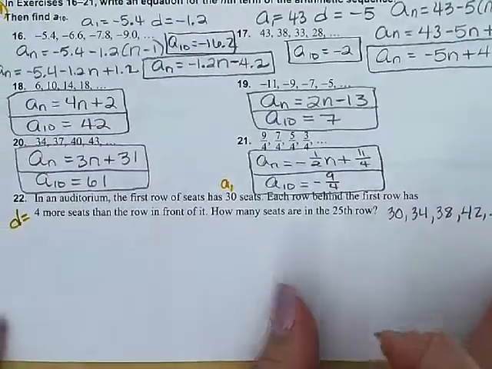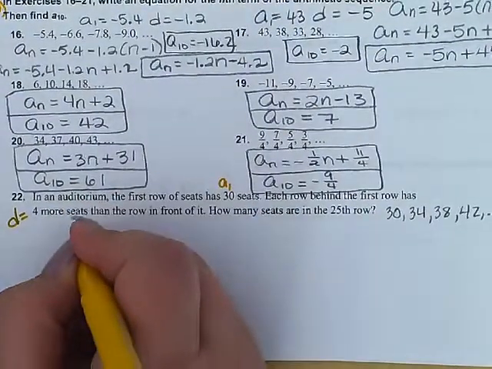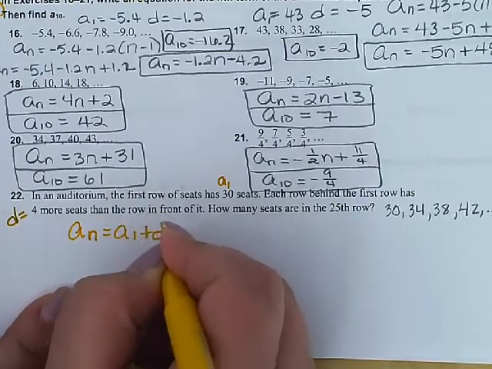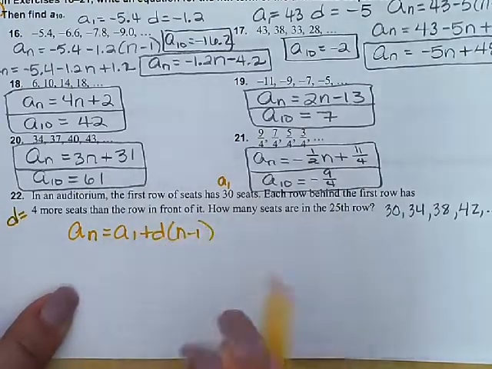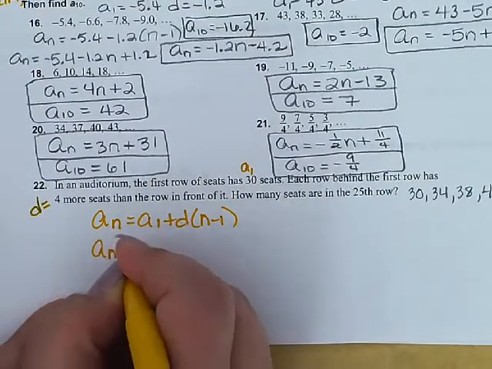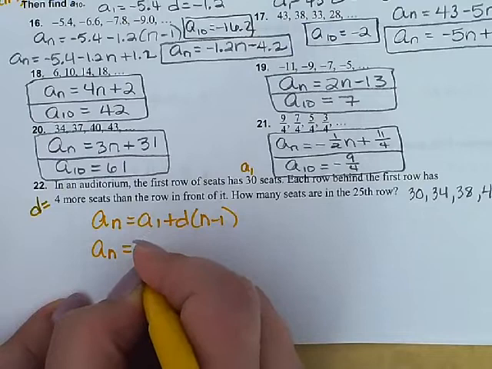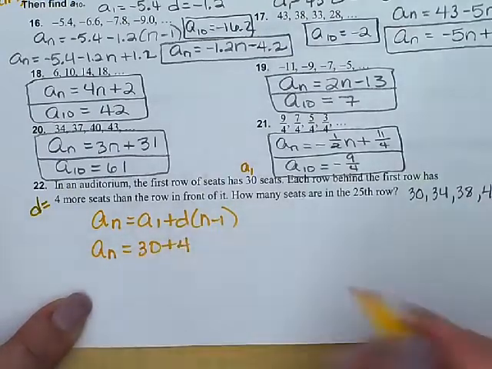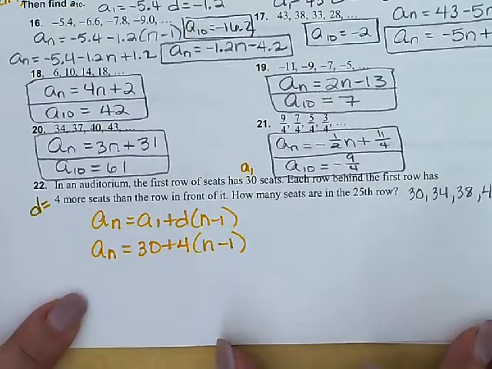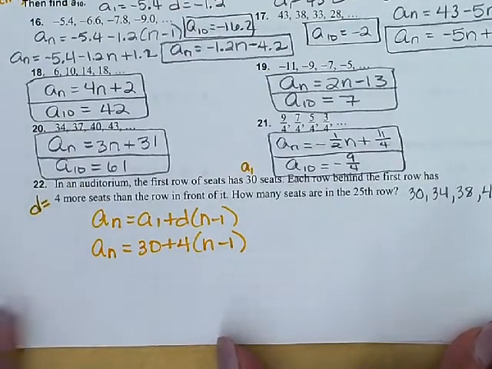So let's take that, and since this is our starting equation, we'll fill in what we know. So I can find any nth row as long as I know that I started with 30 and that I'm going to add 4 every time, n minus 1 times. And then we'll simplify this.